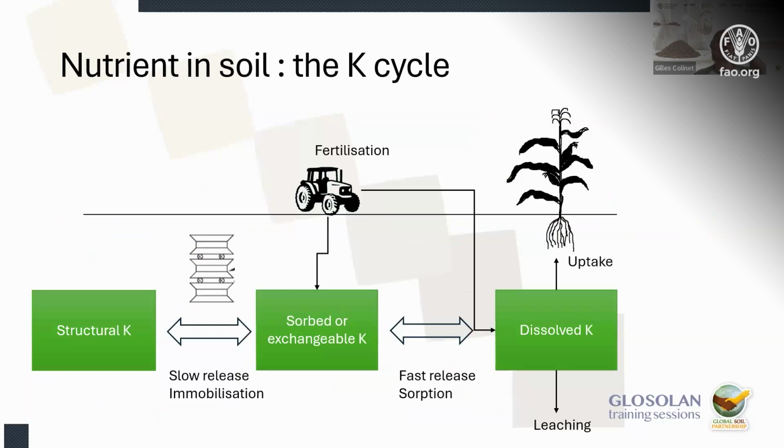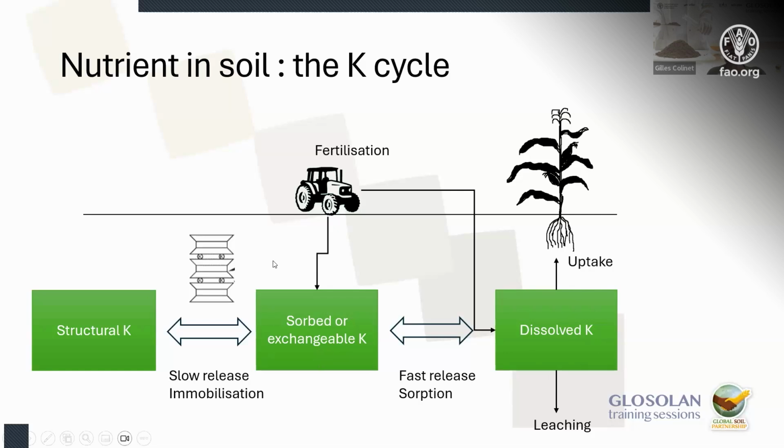We look now at the potassium cycle. Potassium is mostly a matter of mineral phases. Again, the uptake must be made through the dissolved potassium in the soil solution. The dissolved potassium can be taken up or leached, or it can be sorbed on the cationic exchange capacity.